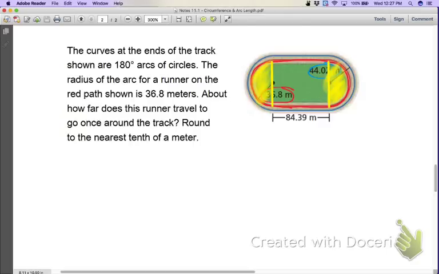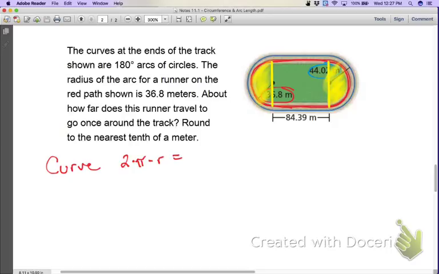So if it's 36.8, what's the distance that they're going to travel around on the curves? Or how can I find that? What do I need to do to find the distance of the curve? The circumference is going to be 2 times pi times r.